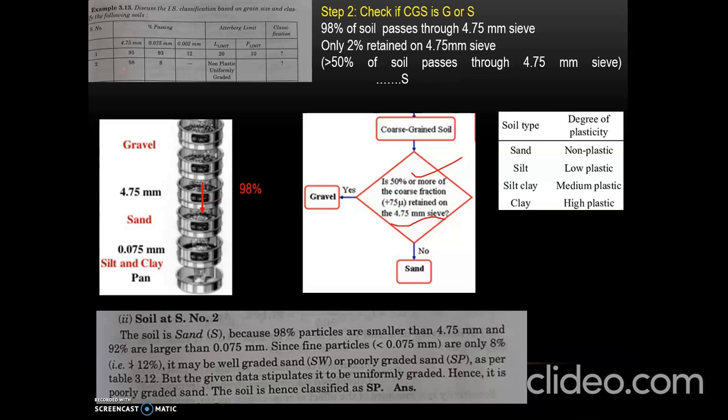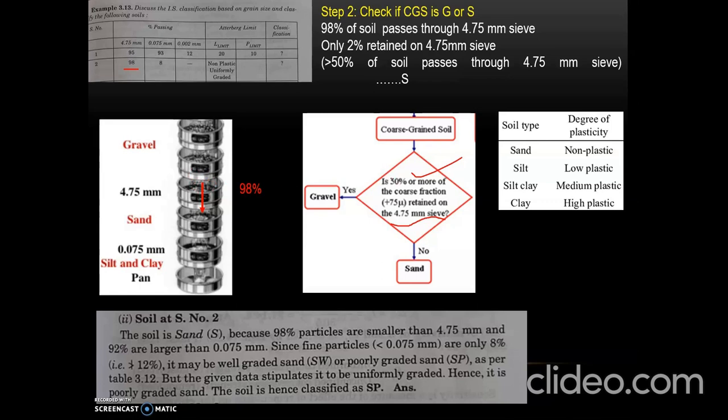In the problem, it is mentioned that 98% is passing through 4.75 mm sieve. So that is what is seen here from the figure. 98% of the soil passes through 4.75 mm sieve. And how much is retained on 4.75? 100 minus 98, that is only 2% is retained on this sieve.